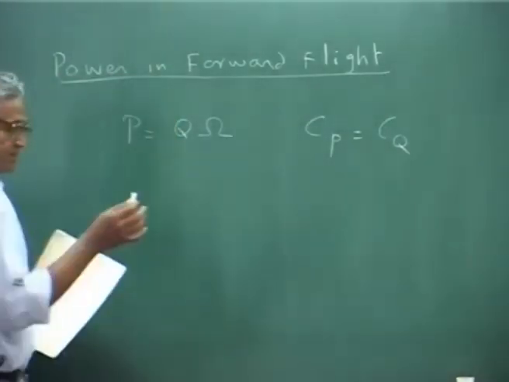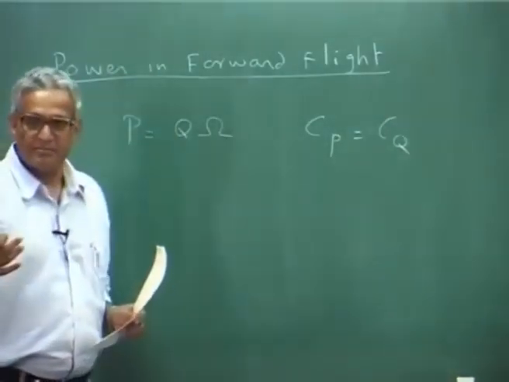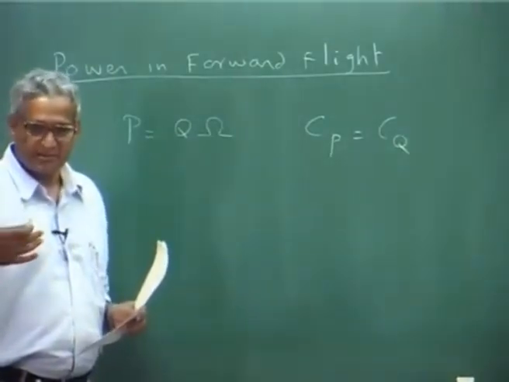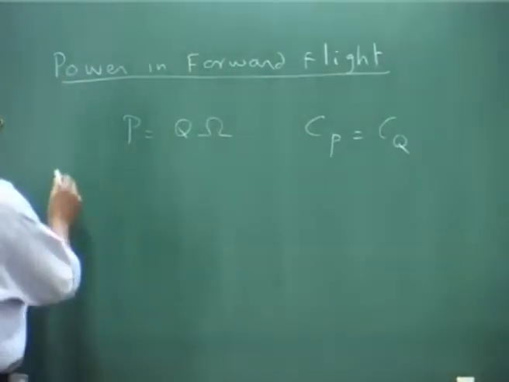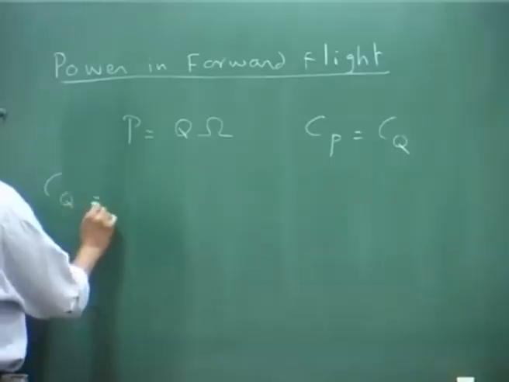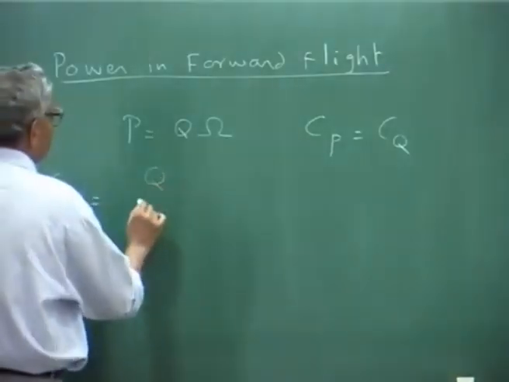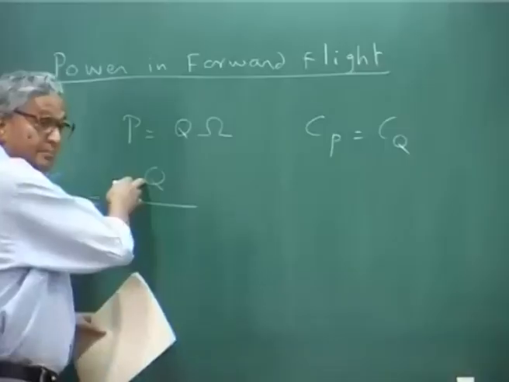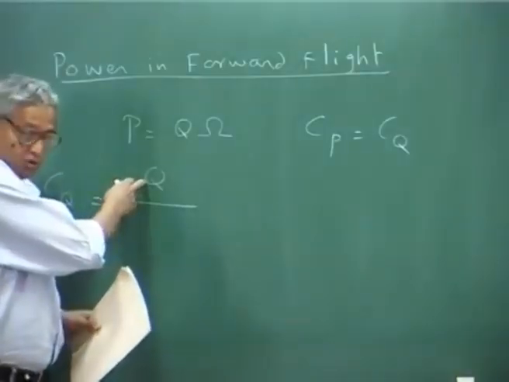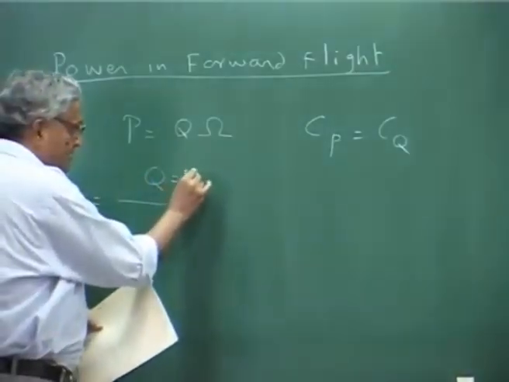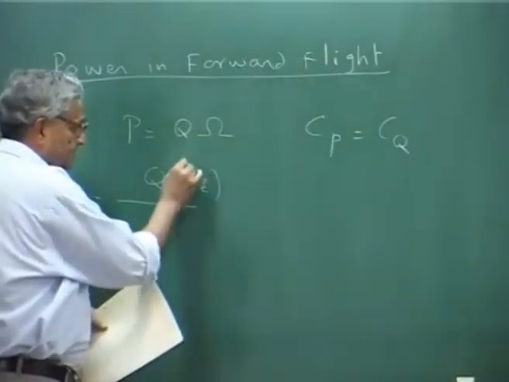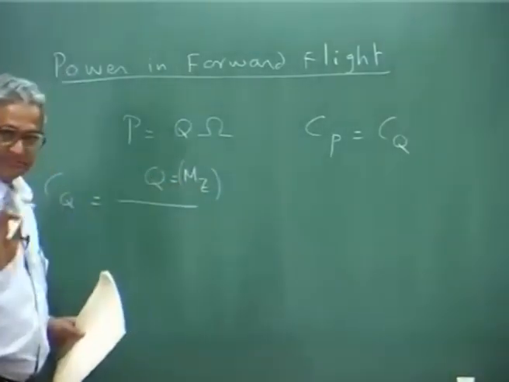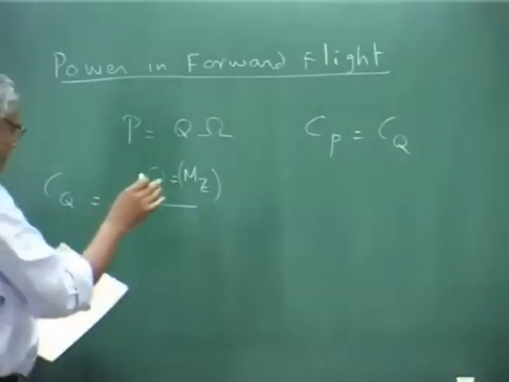The torque coefficient is nothing but the yaw moment torque divided by that non-dimensional quantity. So, we write our Cq as Q, which is actually mz. Please note that this is the z component of the moment. Okay, last class I wrote that.